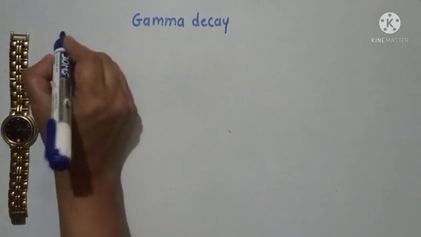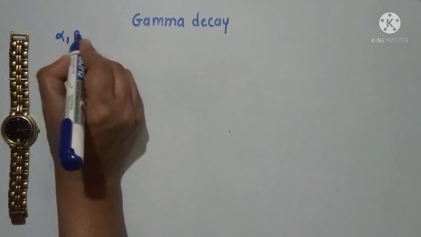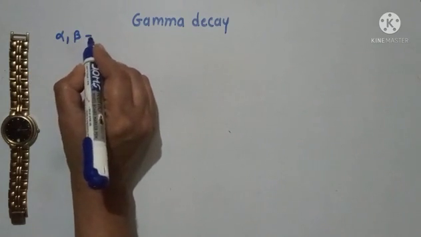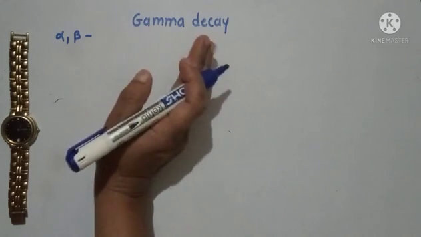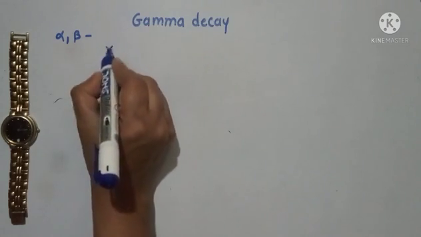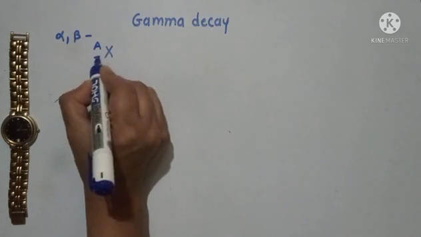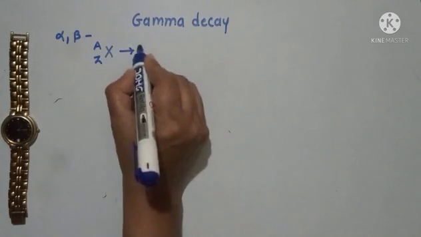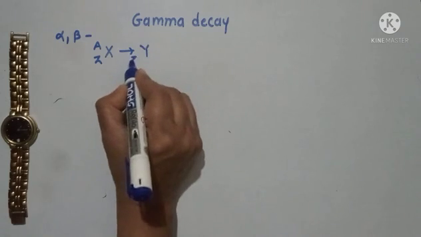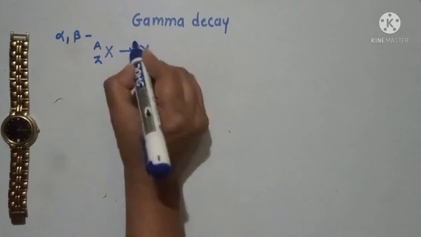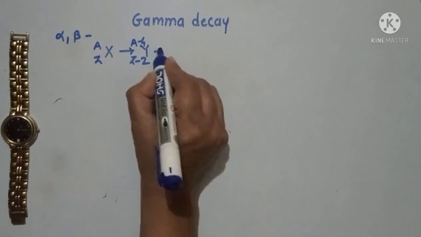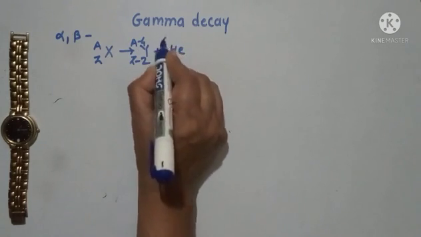Now in alpha decay and beta decay we have seen that the nuclei are changing to another nucleus. For example, this is an example of alpha decay. So this nucleus is changing to another nucleus with A minus 4, plus this 2He4.